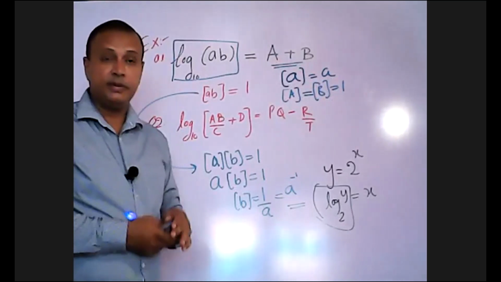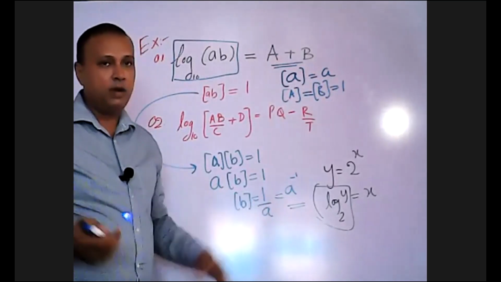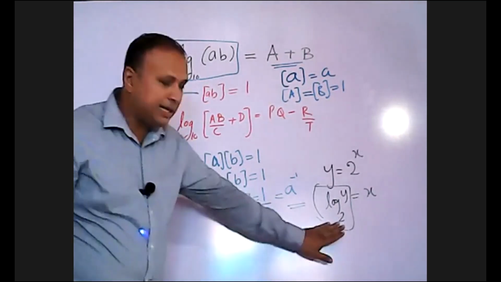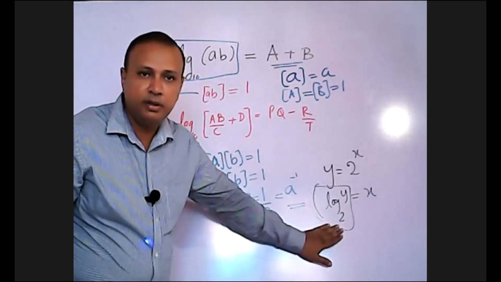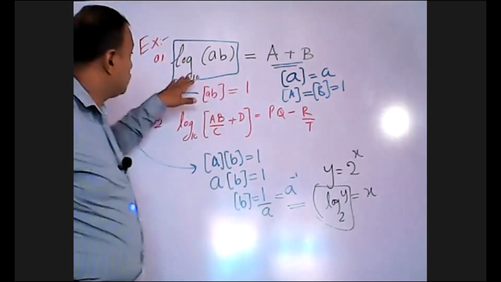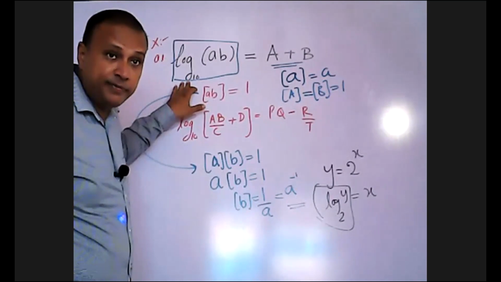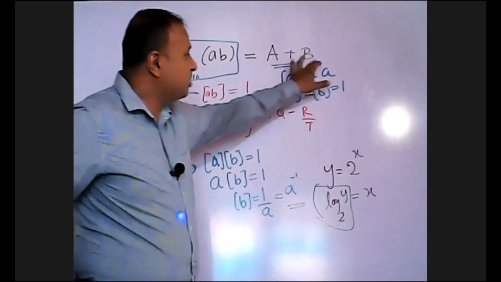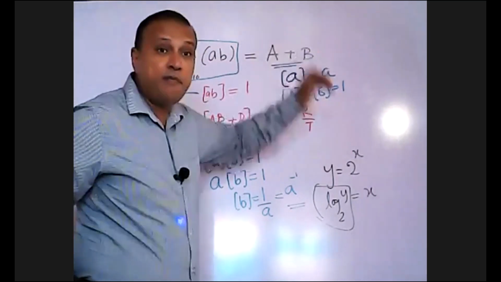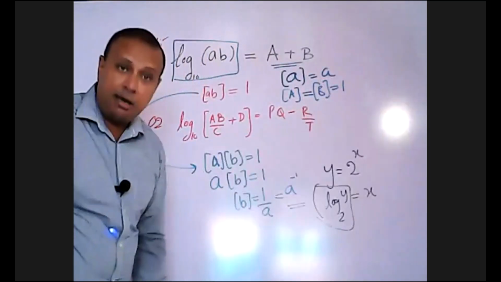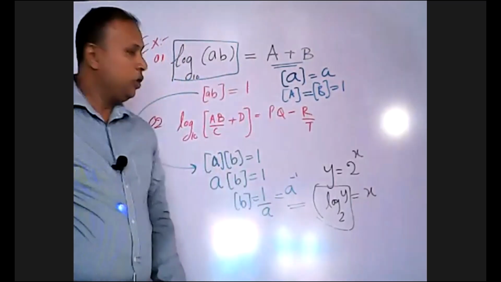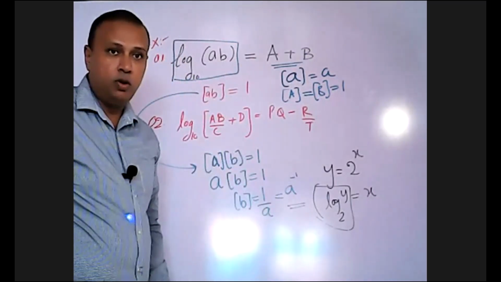That means it doesn't have a dimension. Do you understand this logic? Okay. So this one does not have a dimension. Then a plus b is equal to a number. Therefore, a plus b is a number. That means a is a number and b is a number too.